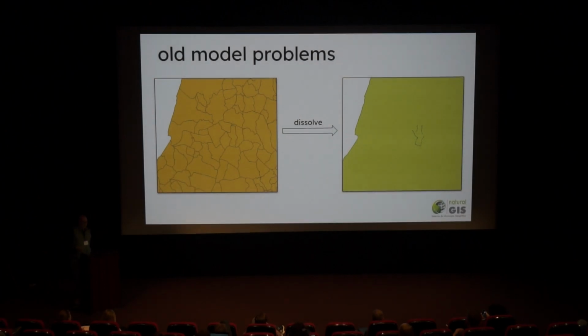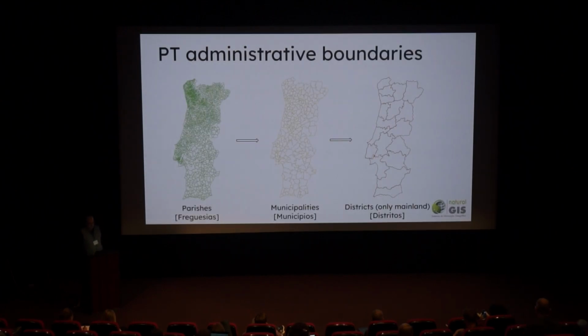So if you go on their site and you grab an old version of the boundaries map and you do a dissolve, it is not infrequent to get bad things like the one you can see on the right. All kinds of overlaps or slivers between administrative units. In Portugal, the smallest administrative unit is called freguesias, it's parish, okay?